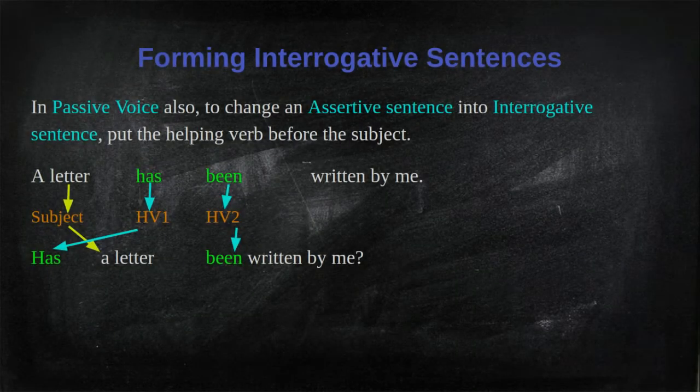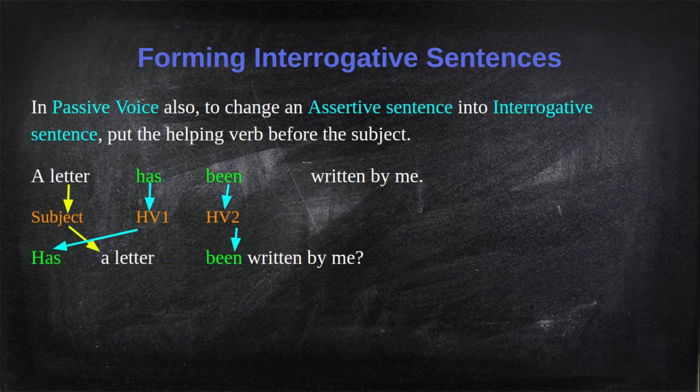In passive voice also, to make an interrogative sentence, we follow the same rules. Here is an example. A letter has been written by me. In this sentence, a letter is the subject, has is the first helping verb, been is the second helping verb.